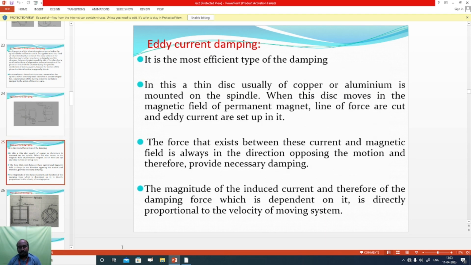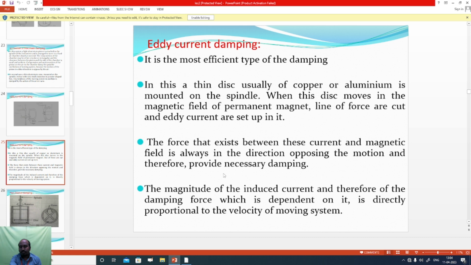The magnitude of the induced current, and therefore of the damping force which is dependent on it, is directly proportional to the velocity of the moving system. So when lines of force are cut, eddy current is set up.